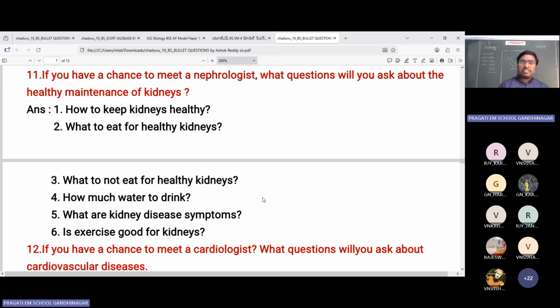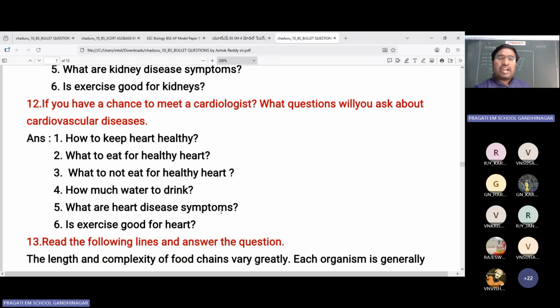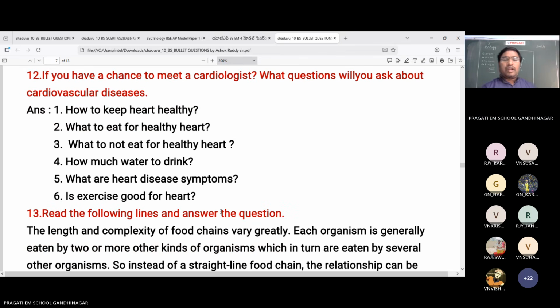Okay, children. Next question. This is about a cardiologist. The cardiologist treats heart related problems. Here, what questions will you ask about cardiovascular diseases? Heart-related diseases.